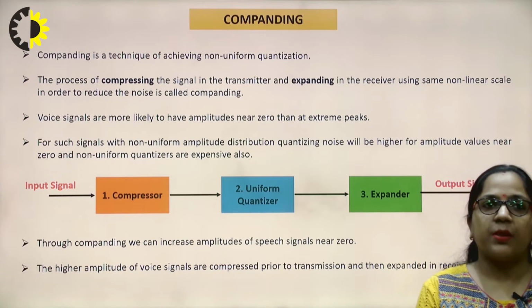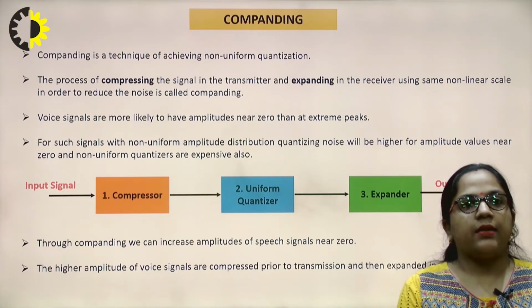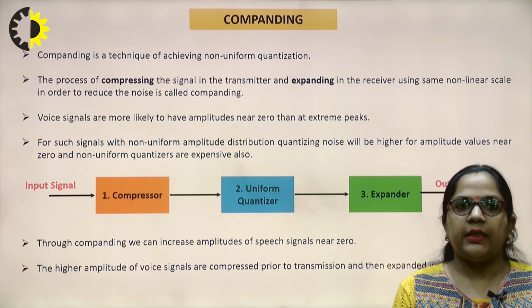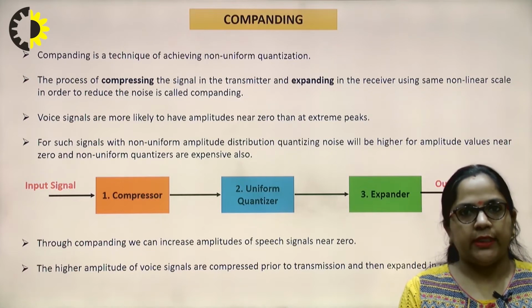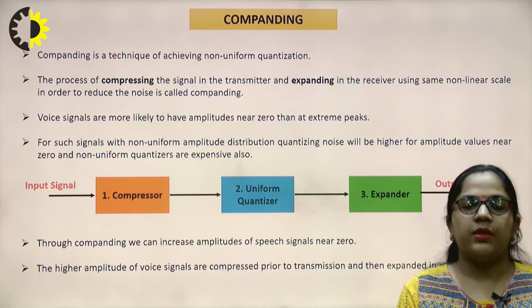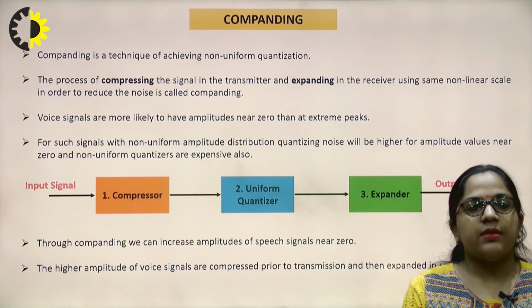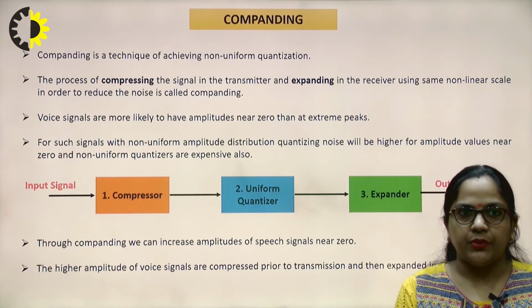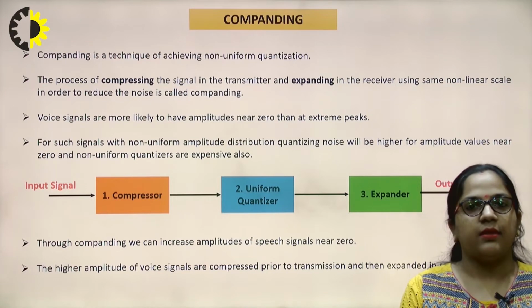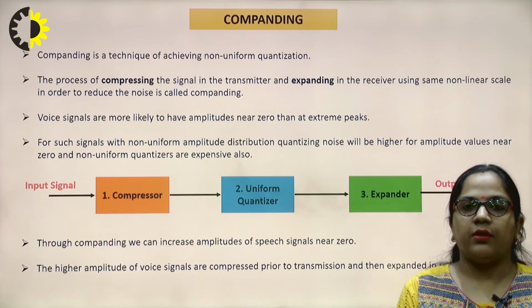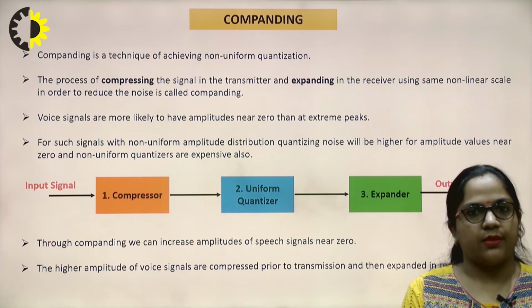The process of companding is compressing the signal in the transmitter and then expanding the signal in the receiver using the same nonlinear scale in order to reduce the noise. Voice signals are more likely to have amplitude near 0 than at extreme peaks, as we discussed in the case of the non-uniform quantizer also.